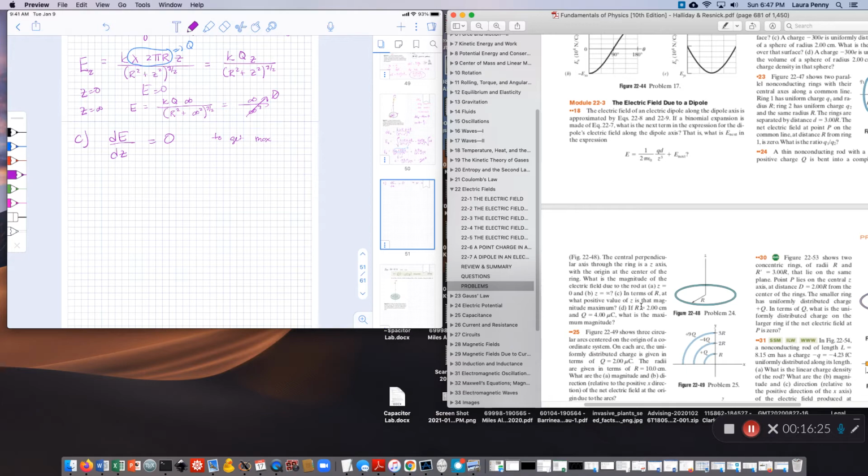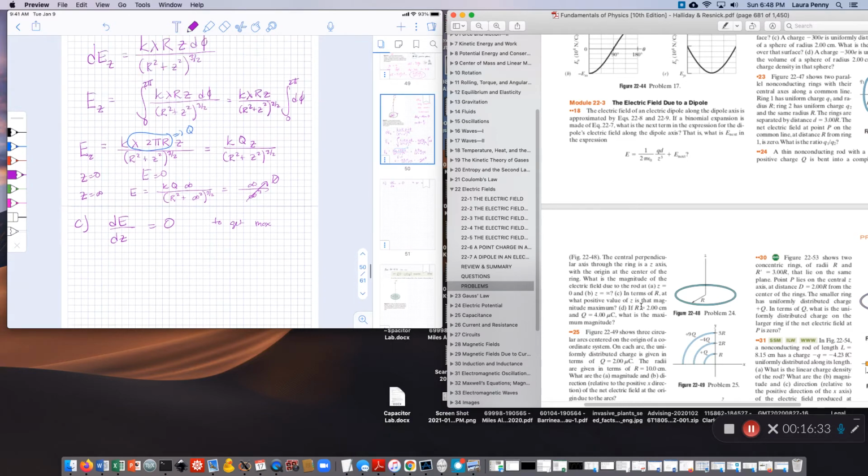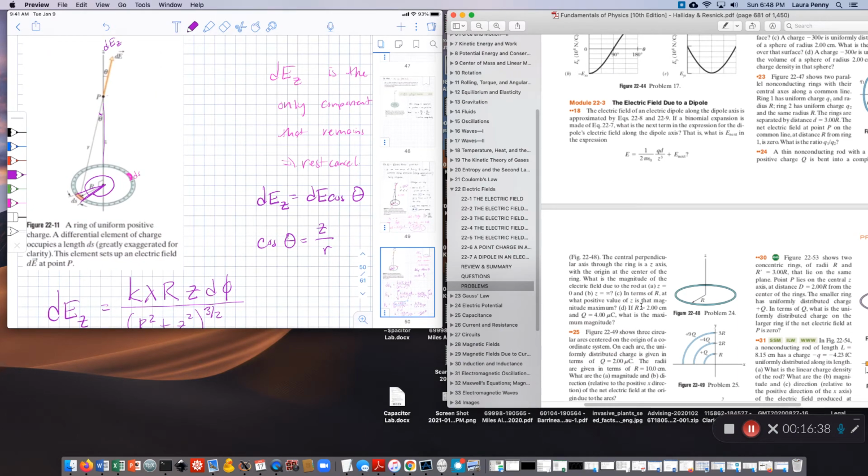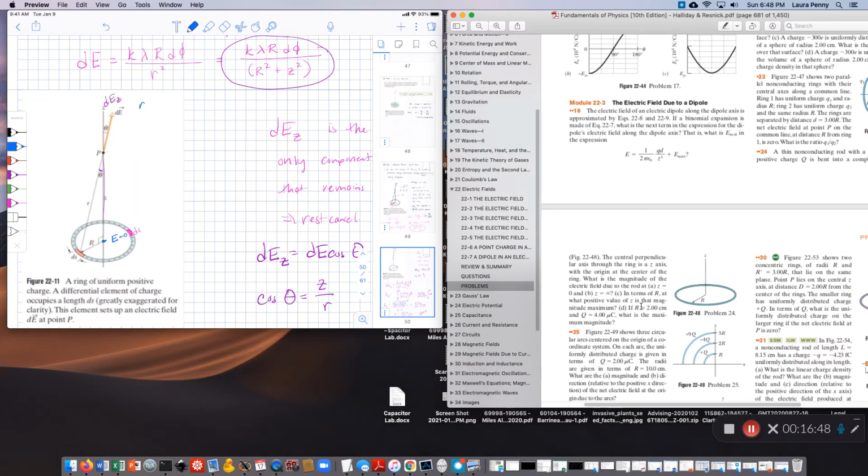When you have this as a function of that, then we can figure out where we get the maximum value. Because what we're seeing is that when Z is equal to 0, in other words, when you're down at the bottom, the electric field is equal to 0. And when you're out at Z is equal to infinity, the electric field is also equal to 0.